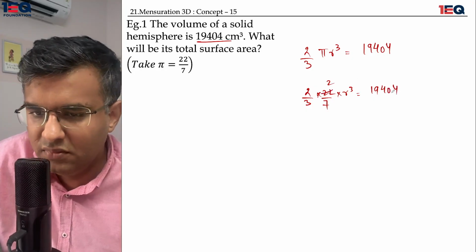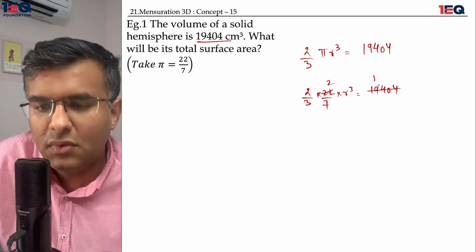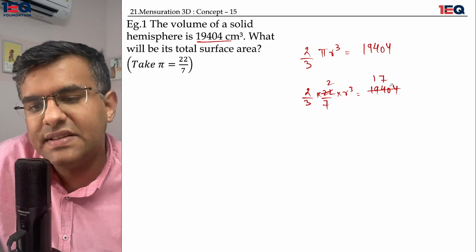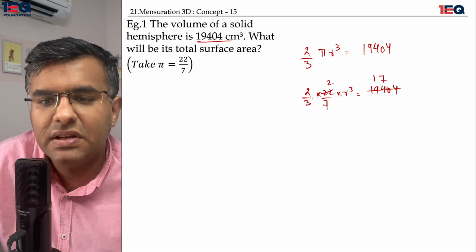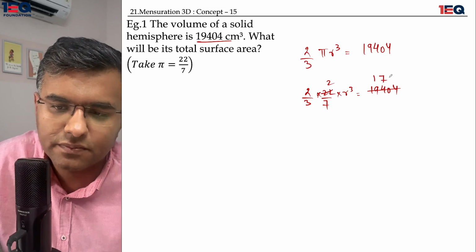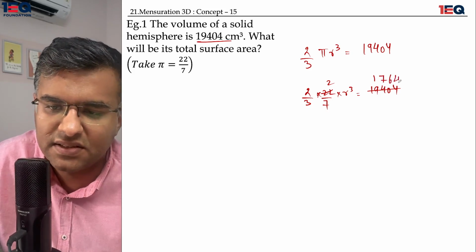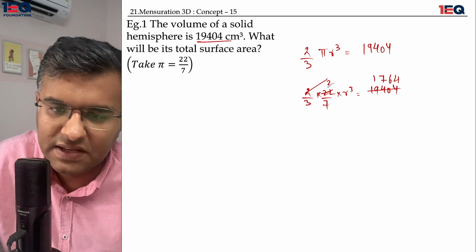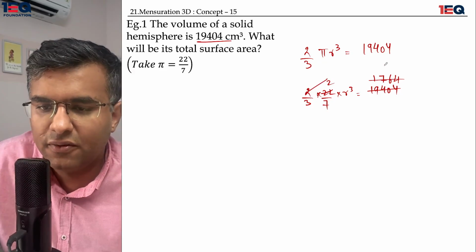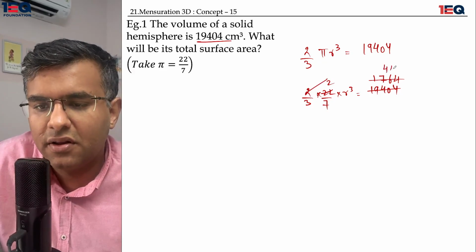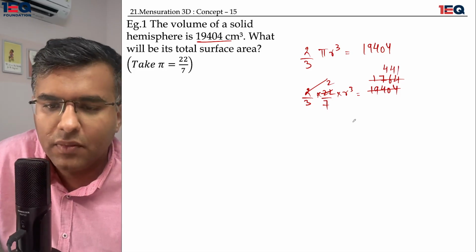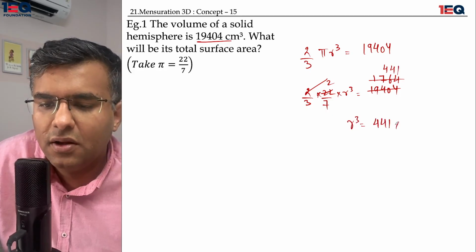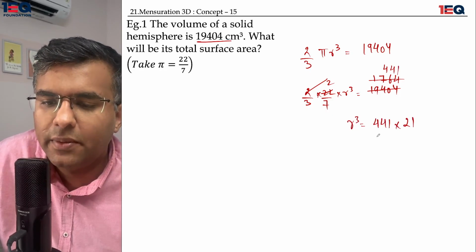This is 11 twos are 22, 11 ones are 11, 84, 11 sevens are 77, and we have another 7 here. 11 sixes are 66, and this is going to come here. Can we divide it by 4? The answer is yes. 4 fours are 16, and another 4 fours are 16. So we'll get r cube as 441 multiplied by 21.